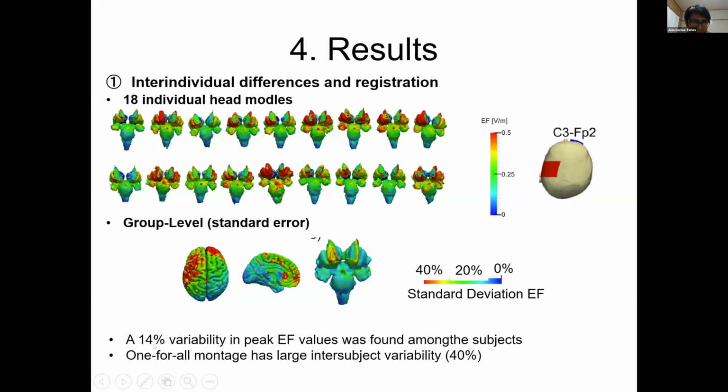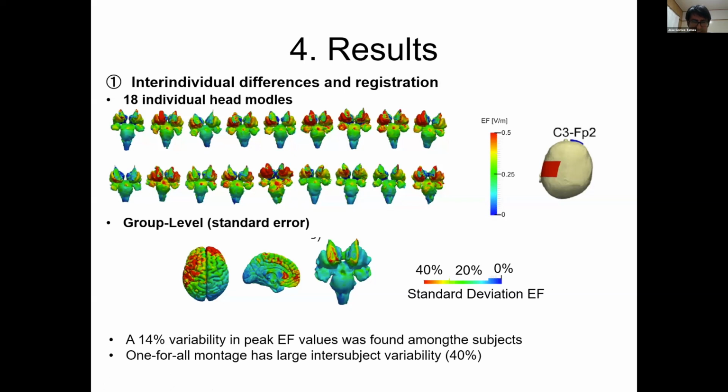For one subject, as you can see in the upper part, the electric field is very low, but for other subjects, the electric field is very high. So even when we are using one fixed, one-for-all montage, we have high variability between the different subjects.